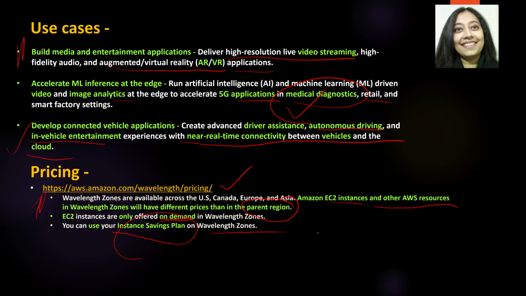There are a lot of organizations that are currently developing 5G applications, mobile applications, something that requires near real-time connectivity, something that's related to AR, VR, or video streaming, or especially if you're in healthcare with medical diagnostics, etc. Do explore this service. This service can be really very handy and can improve your application's performance significantly.